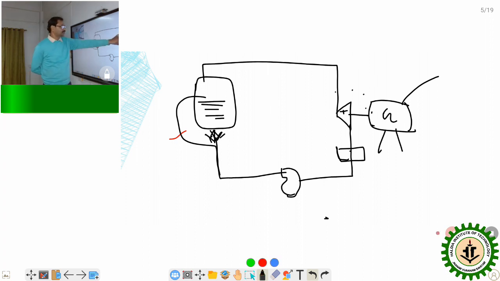Here this is the heat engine and this is the combustion chamber. So with respect to the heat engine, the combustion chamber is an external part. That's why it is called external combustion engine.